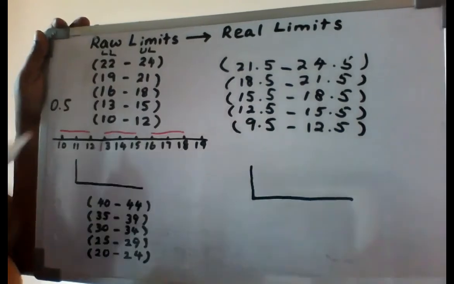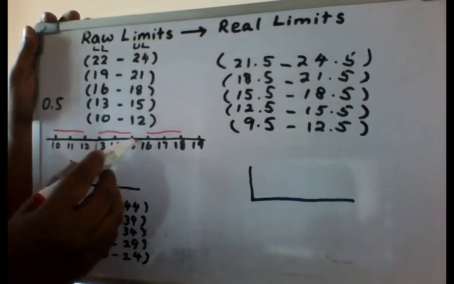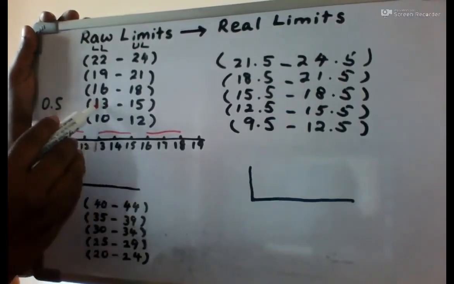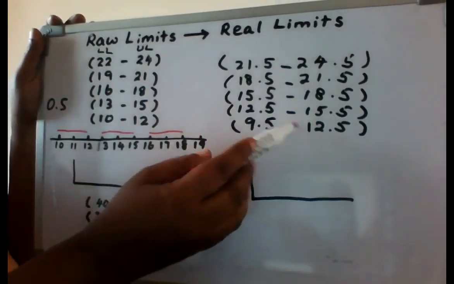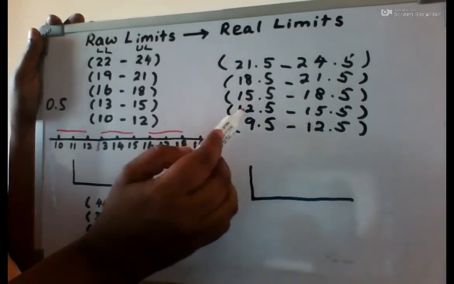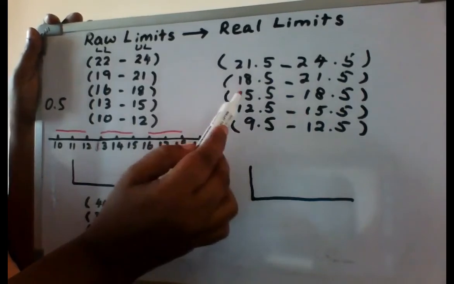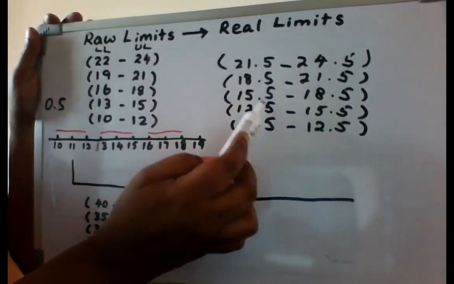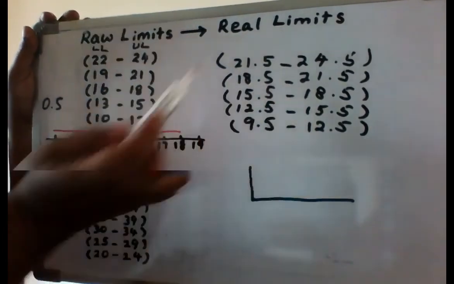These are the classes. Now you see there's a gap in between, right? Here 12 to 13. But in this case you don't find a gap. 9.5 to 12.5, 12.5 to 15.5, 15.5 to 18.5. Here you can see the maintenance of continuation, right? There's no break, there's no gap.